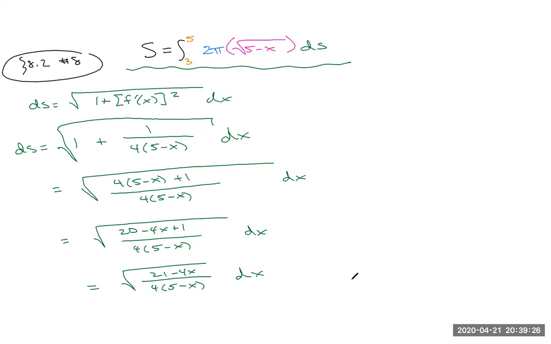And then one more thing for good measure that we can do, just so we don't have to worry about this 4 here. The 4 is essentially square rootable. It's like taking a 1/4 out and then square rooting it. So this is our ds so far.